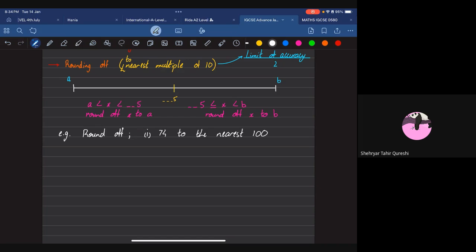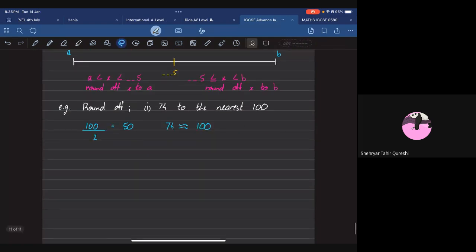Now, if you're rounding off 74 to the nearest 100, then obviously you already know that my limit of accuracy is 100. And if I divide that by 2, it's going to be 50. So if my number is greater than 50, then I'm going to round it off to the next number. So I can simply say that 74 is rounded off to, and this wavy equal sign shows rounding off, 100.